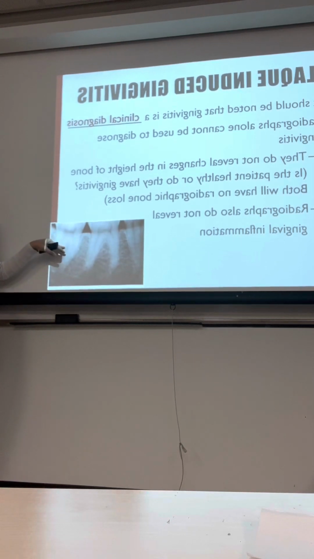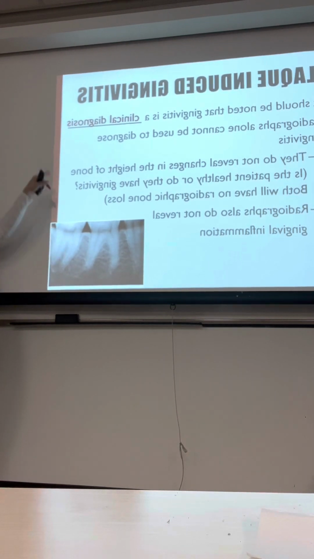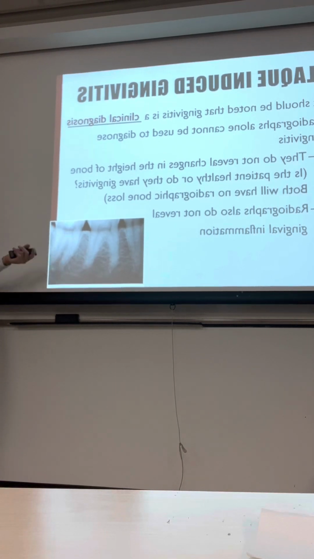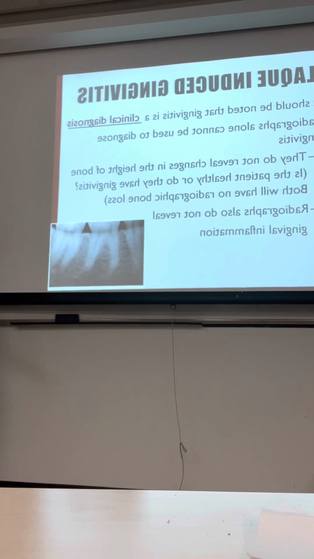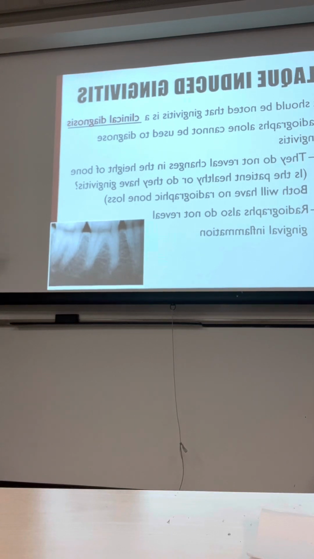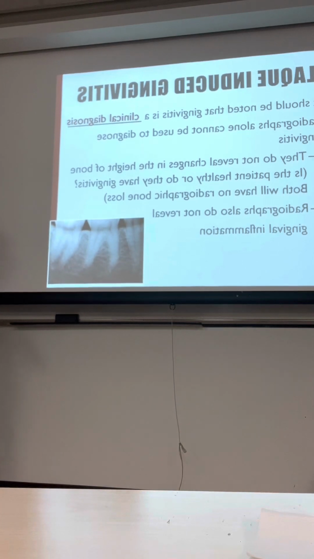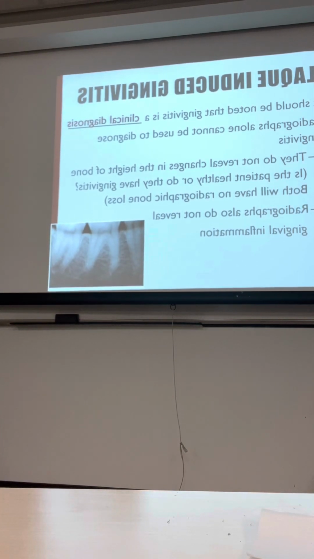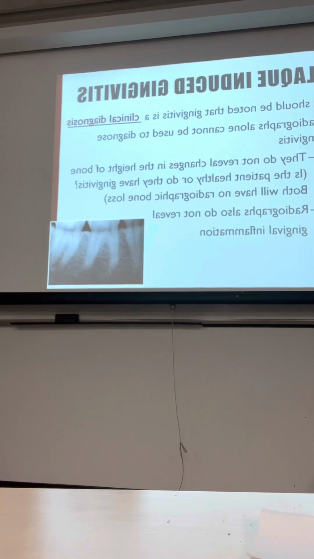We cannot see gums on x-rays. So that is why we say gingivitis is a clinical diagnosis. Does that make sense? Clinical meaning we have to see it with our eyes, and then we double check with x-rays and say, oh yeah, the bone's still intact, so they're just gingivitis, not periodontitis. So radiographs alone cannot be used to diagnose because we don't see any changes in bone. This could be a healthy patient or a gingivitis patient. And of course, you can't see the gums, so we don't know if it's inflamed or not.